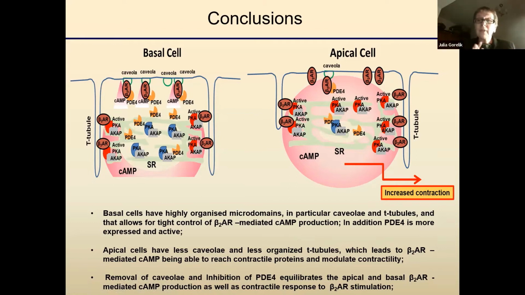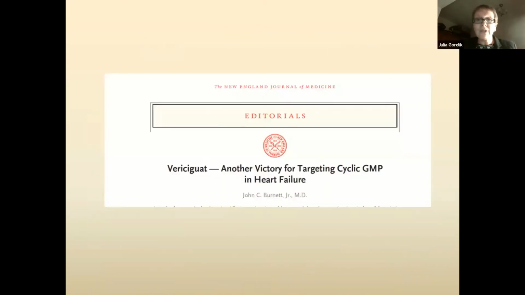So this part of the work was mostly about beta-2 localization and function and cyclic AMP release. But now it's really very important to study cyclic GMP, because there are already clinical trials and a lot of drugs were developed that stimulate cyclic GMP in heart failure.